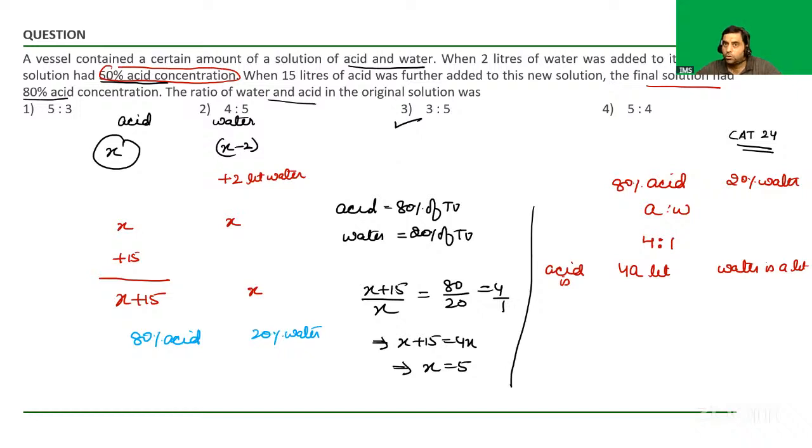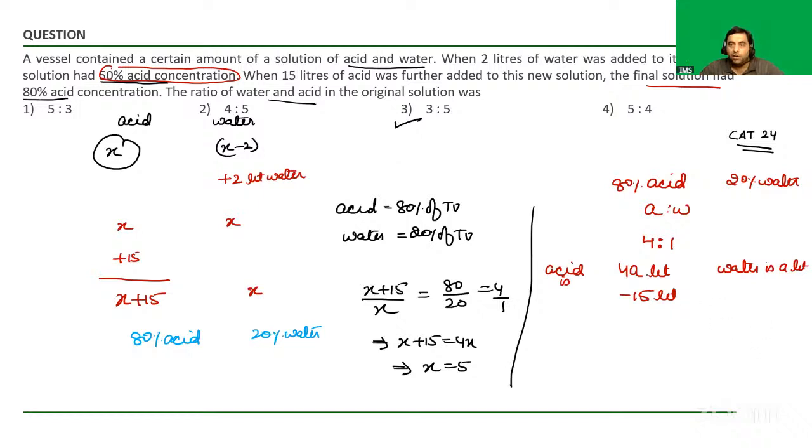So, had I not added that 15 liter, can I say the ratio of acid to water was 1:1? Because I know it was 50% concentration of acid, and therefore the other 50% is water, so it was 1:1 before adding these 15 liter.